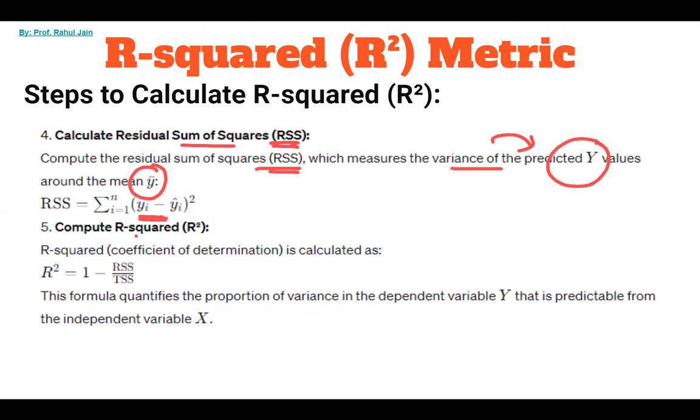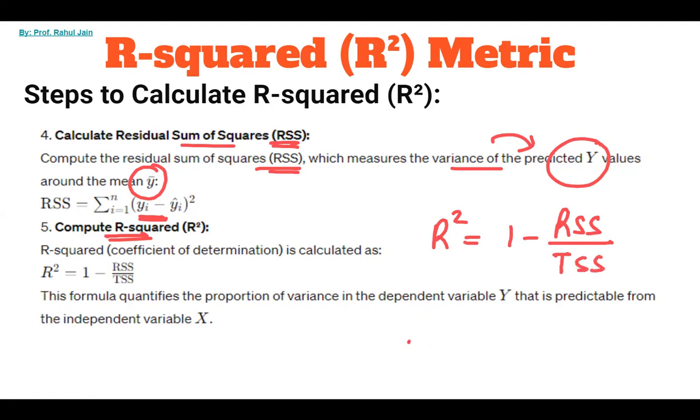And thereafter, we finally compute R squared with the formula: R squared equals 1 minus RSS, the residual sum of squares, divided by TSS, the total sum of squares, right?